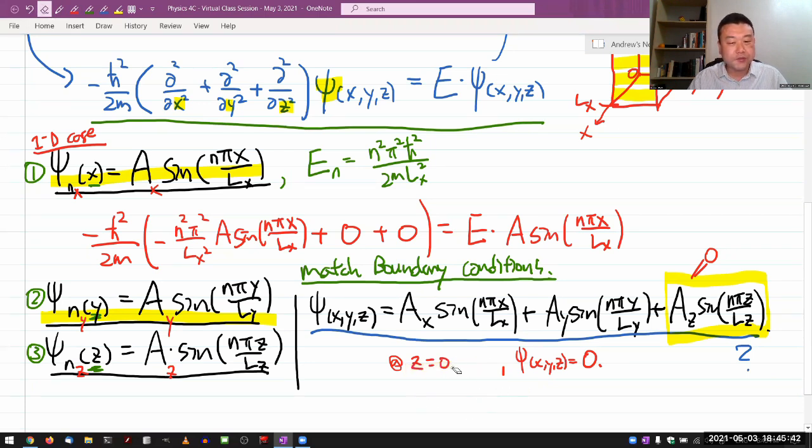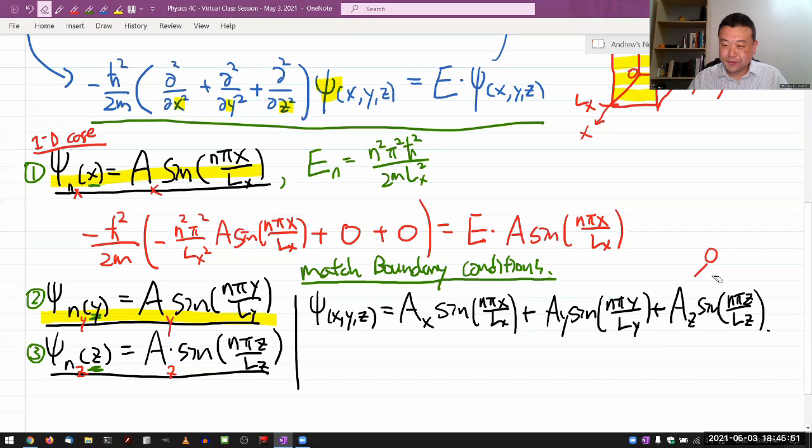It's no shame to not get the correct answer on the first try. So we tried guessing plus, and that didn't work. We could guess times. What if we multiply them? Will that work now? We can do that. It'll turn out that it'll work. So that's one way to do it.